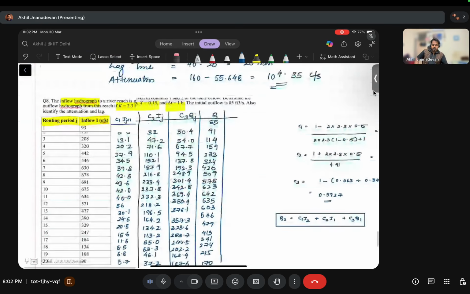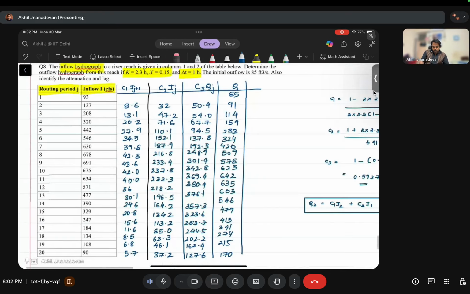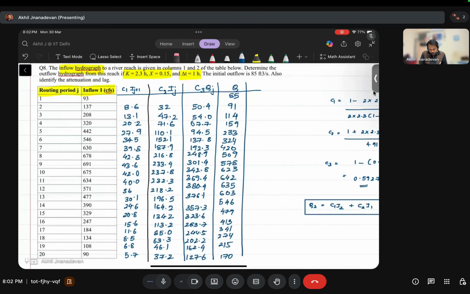So this is the routed hydrograph at the outlet point or the outflow point.